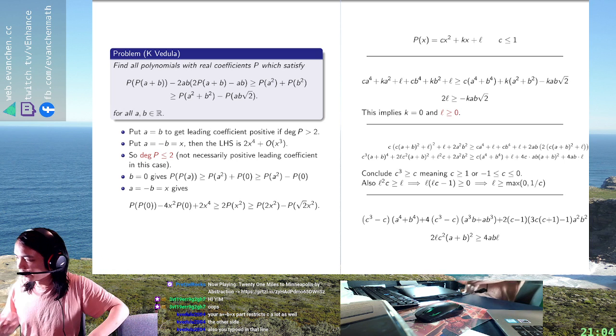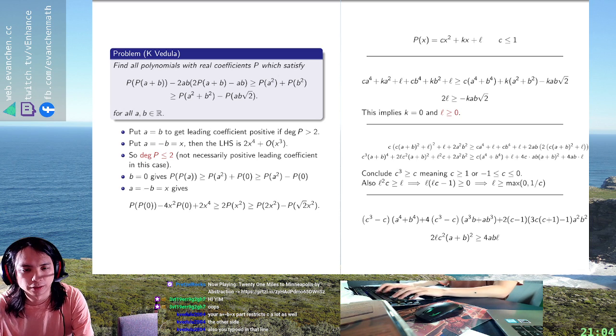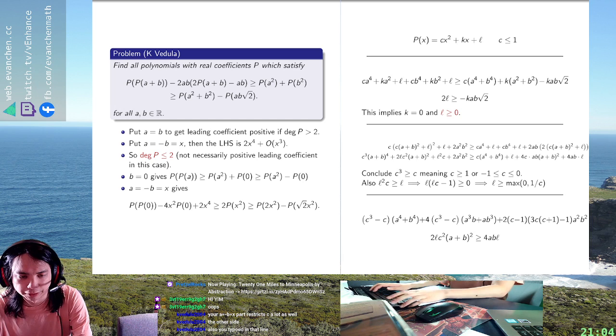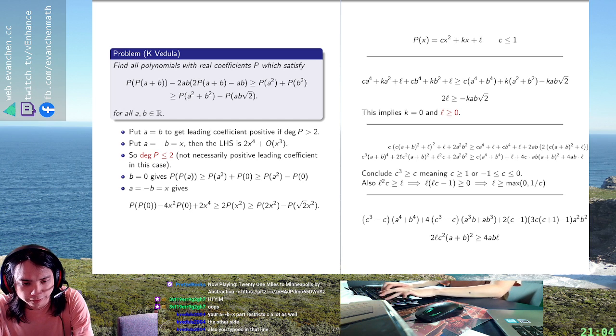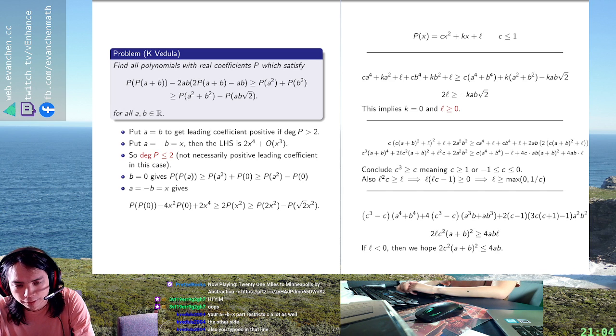Okay, what's going on? In the case where L is less than 0, I should cancel it anyways, right? So if L is equal to 0, everything's okay. If L is strictly less than 0, then we hope 2c squared a plus b squared is always less than or equal to 4ab. For no value of c is this true, I think.